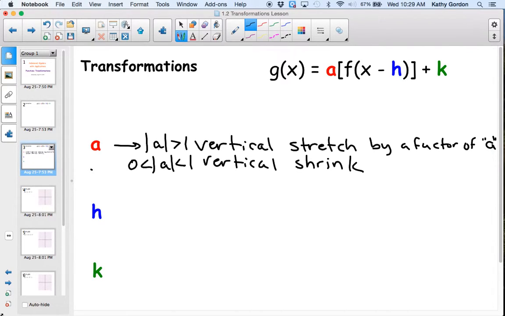There we go. Okay, and that's for both of these, stretch or shrink. We say it's by a factor of that A value. So I can have a vertical stretch by a factor of 2. I can have a vertical shrink by a factor of 1/4. Okay?